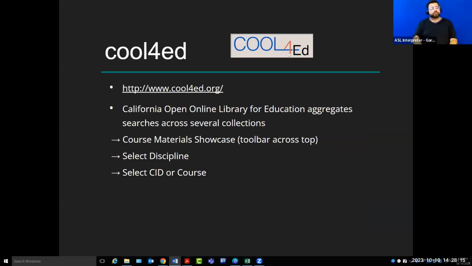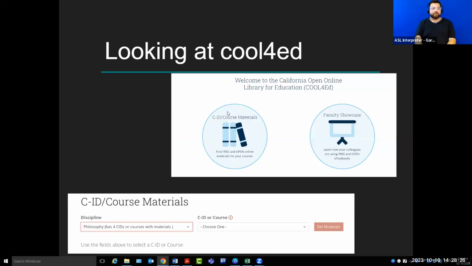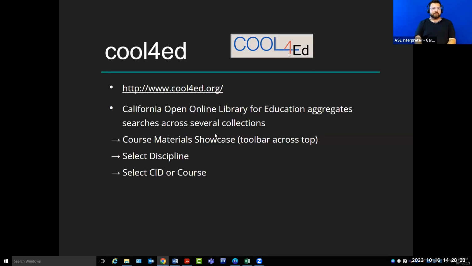Okay, the next one is Cool4Ed. This is the California Open Online Library, and the best way to search through this one is to look at the course materials showcase, which is on the toolbar across the top on the left-hand side, and then select discipline, and then select CID or course.